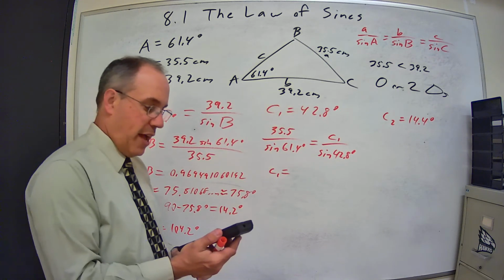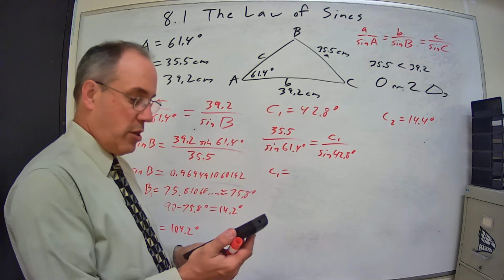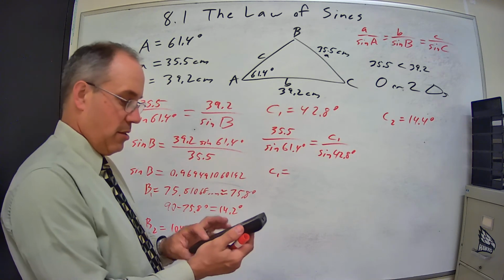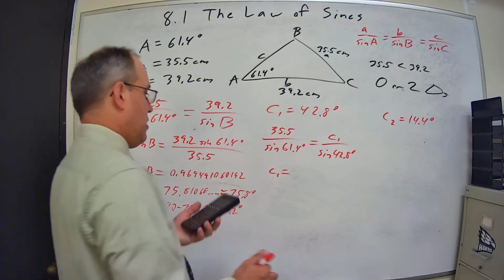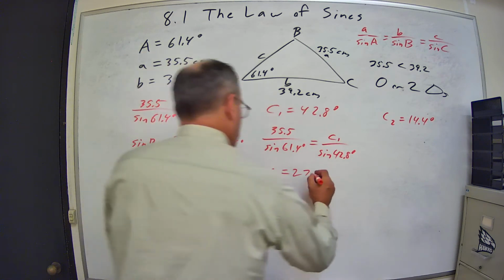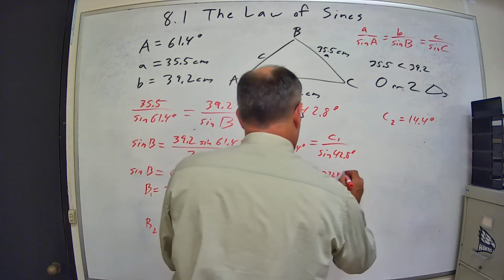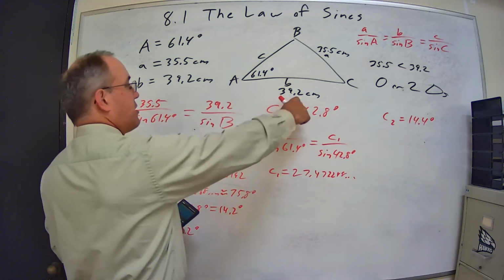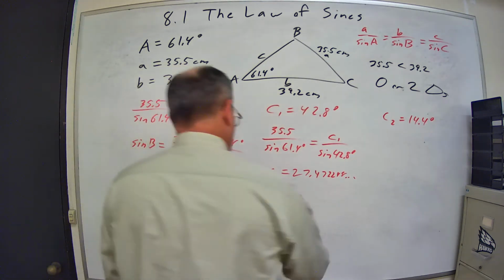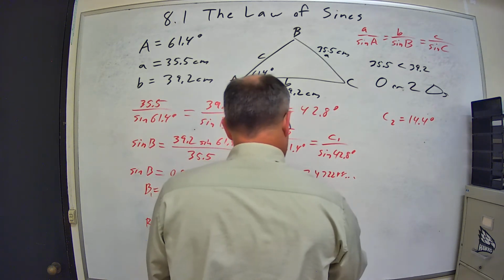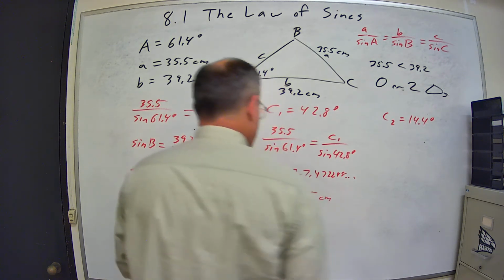And I'm going to divide my 24.12-ish by approximately 0.87798. And I get 27.472248... But our sides are only to the nearest tenth of a centimeter, so c1 is equal to 27.5 centimeters.